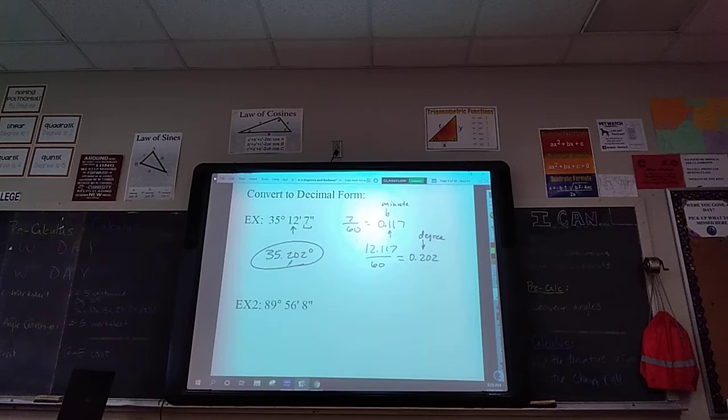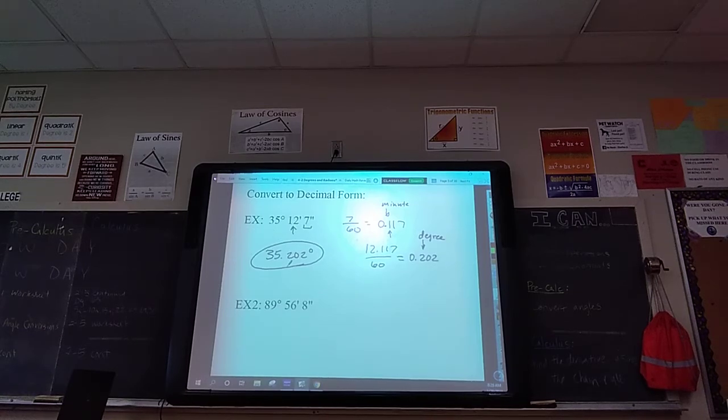The reason why you would need to go back from minutes and seconds is that you're trying to figure out something with a ship and a triangle, and you're trying to find a distance. In your trig function, if you wanted to find the length of the hypotenuse or the opposite side, you can't really put minutes and seconds in sine, cosine, and tangent.